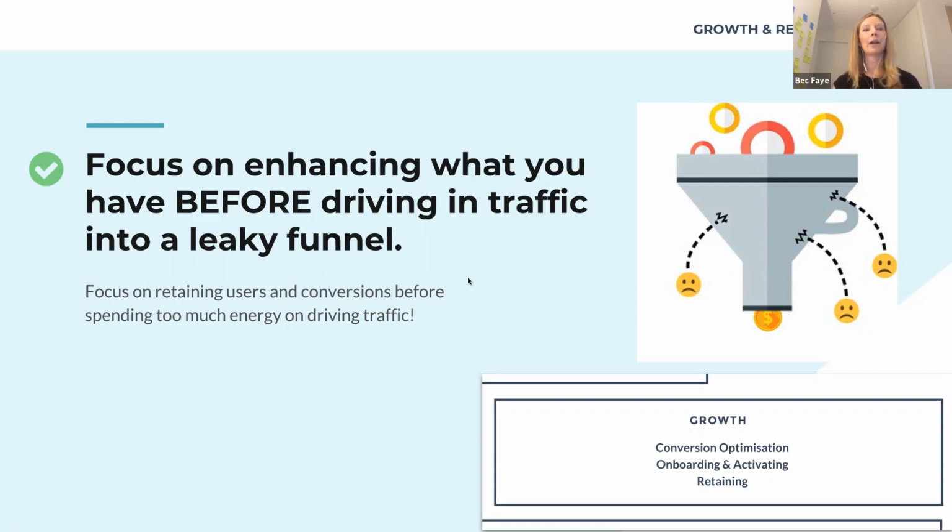So I highly recommend, particularly if you're in the growing stage of your marketplace journey, to make sure you go back and really look at how you can optimize this funnel here and plug up those leaks. Too many times I've worked with clients where they've done all this hard work. They've got all the customers down here, and the customers have got their credit cards out ready to pay.